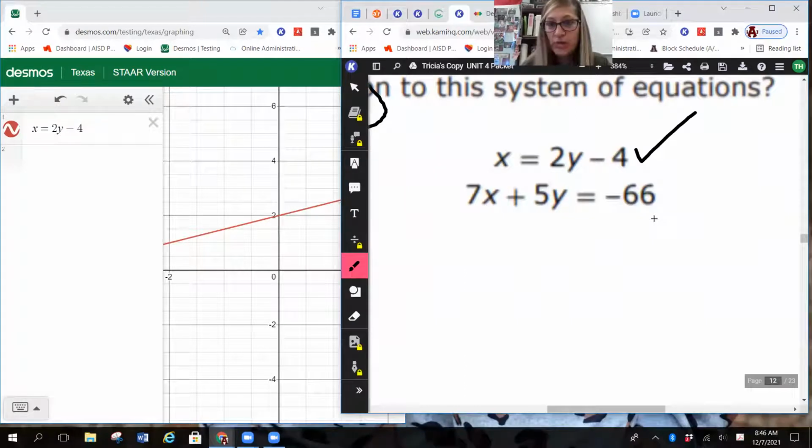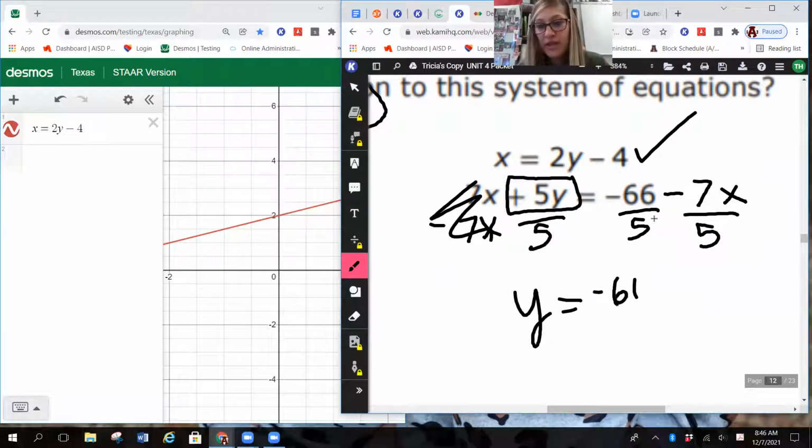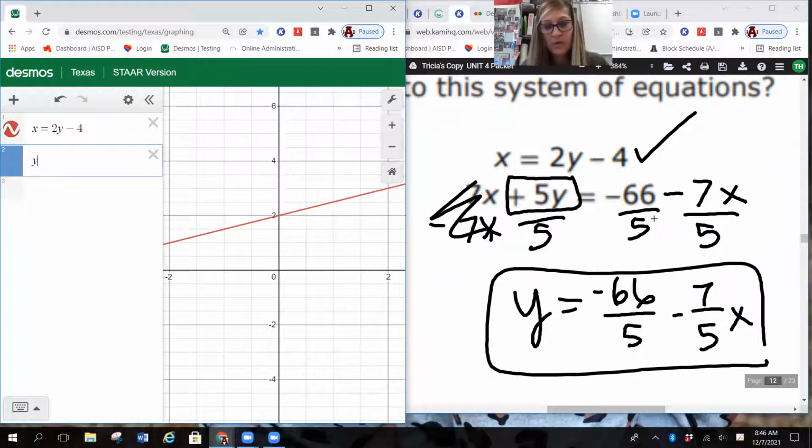Now let's graph this one. Box the y, move the x, divide, divide, divide. Again, I know that negative 66 cannot be divisible by 5. Leave it. I also know that 7 is not divisible by 5. Leave it. Type it in.